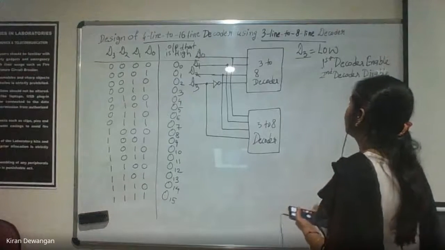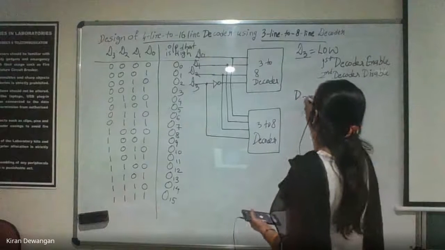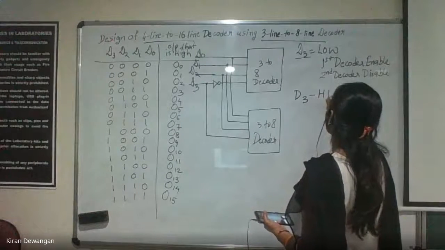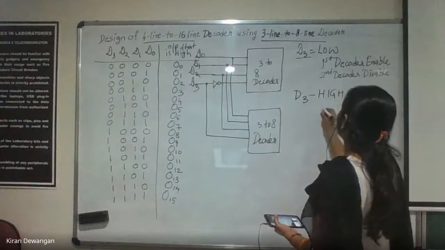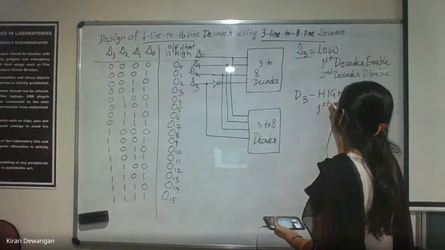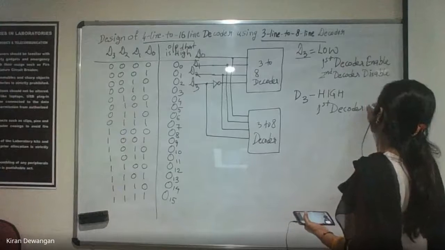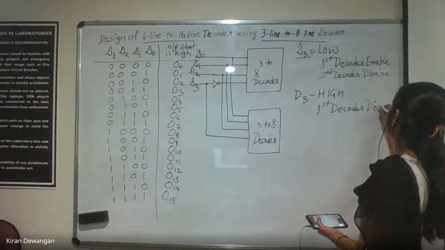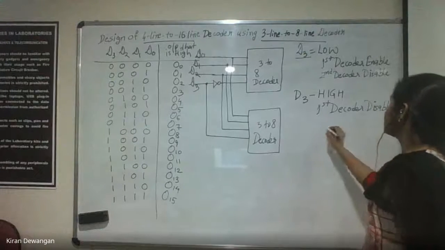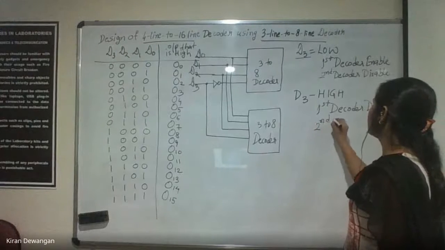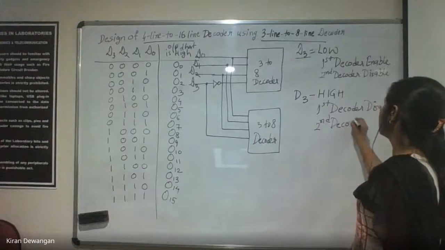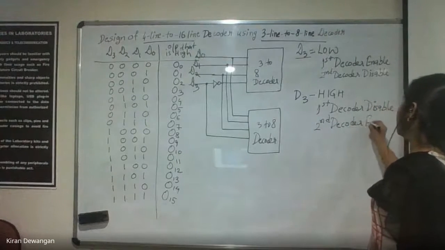Now when D3 is high, the first decoder is disabled and the second decoder is enabled.